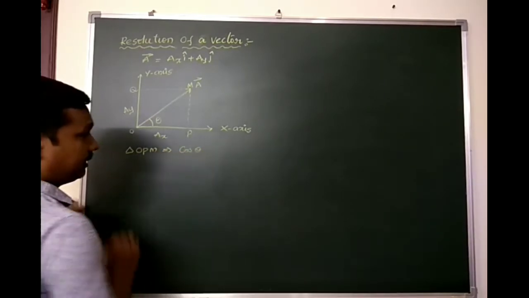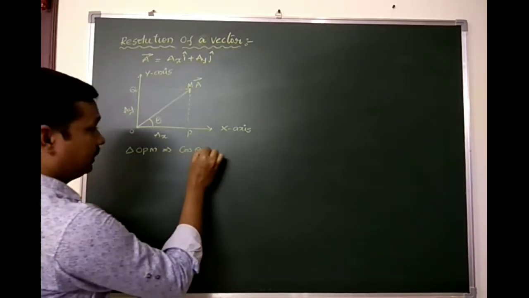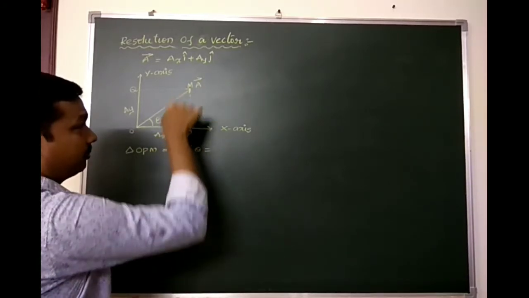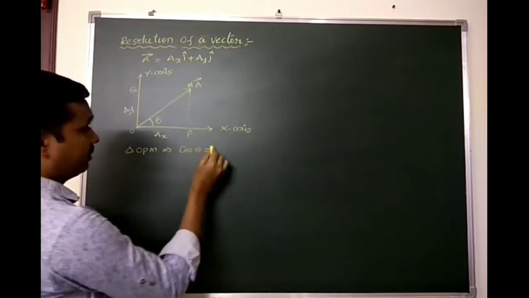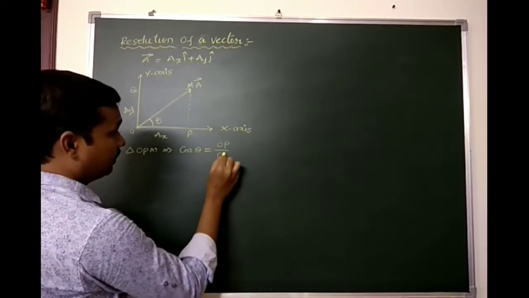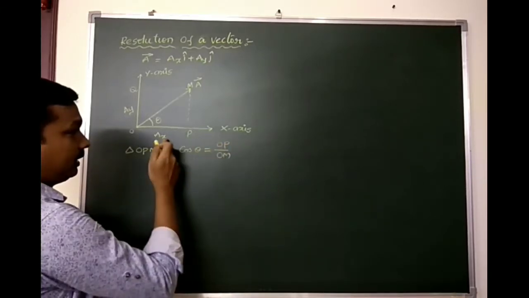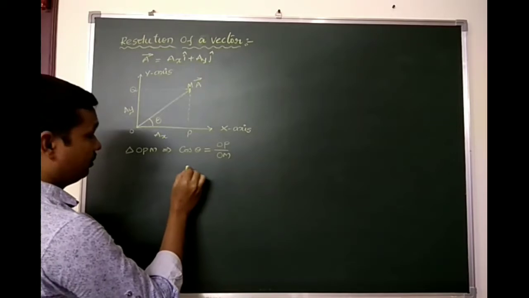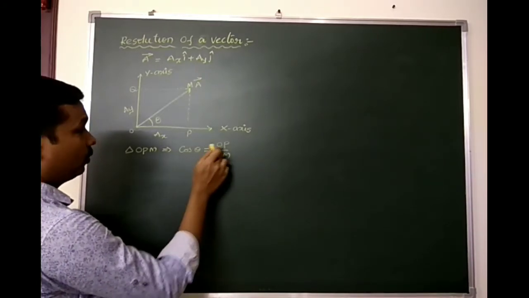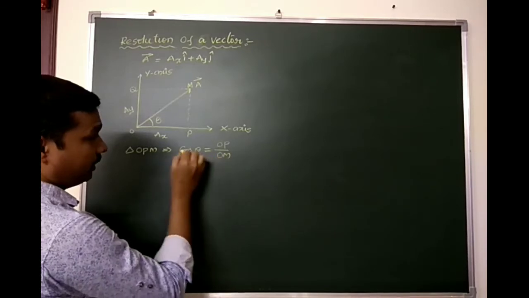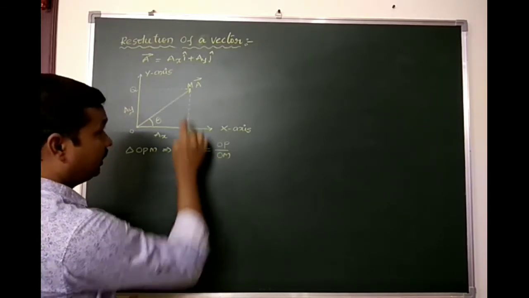Cos theta I am going to take. Cos theta is equal to adjacent side by hypotenuse. So OP by OM. What is OP? X. What is OM? Vector A. So you need to calculate OP. OP is equal to OM into cos theta. What is OM?